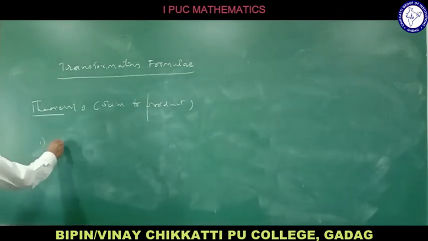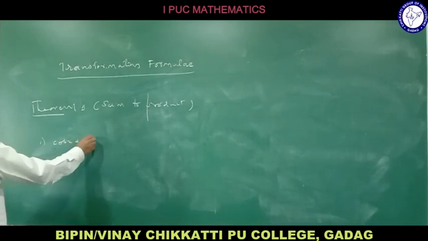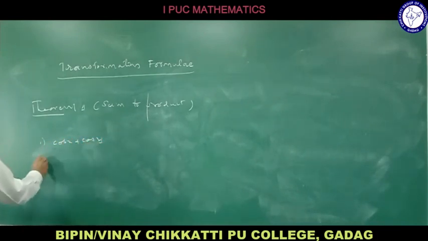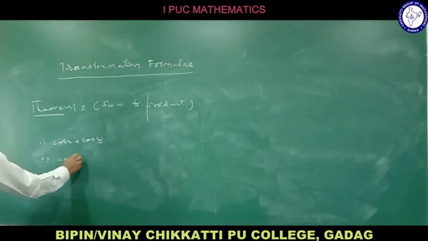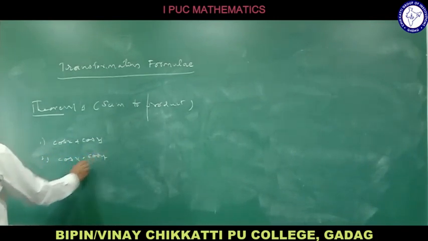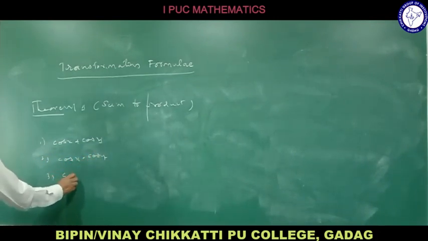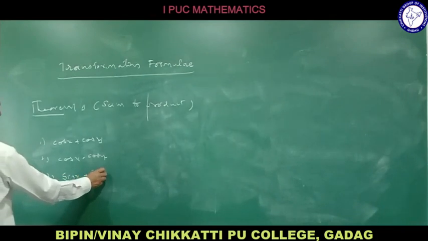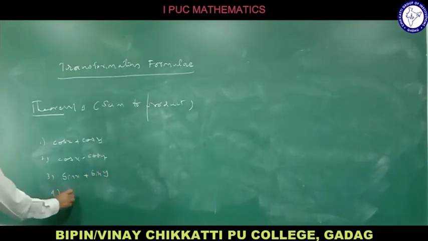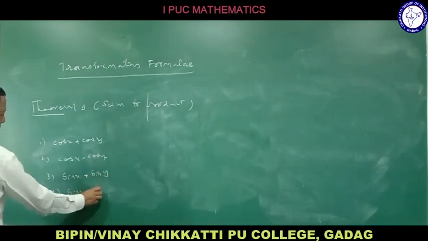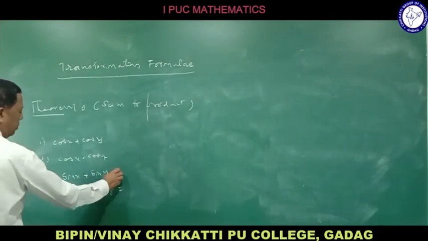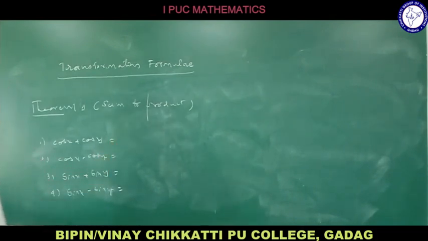First one is cos x plus cos y, second one is cos x minus cos y, third one is sin x plus sin y, and fourth one is sin x minus sin y. So 4 formulae can be proved here, and accordingly you have to see the results.